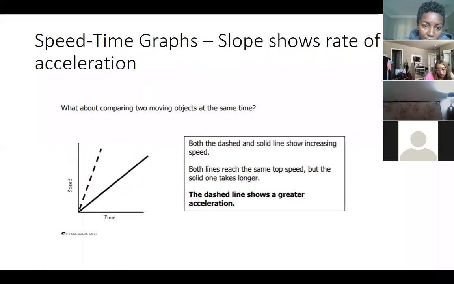So this one talks about who is accelerating faster, okay? They both got to the same point. They're not really quite at the same point, but we can say they're at the same point, okay? But it takes this line a longer time to get there.